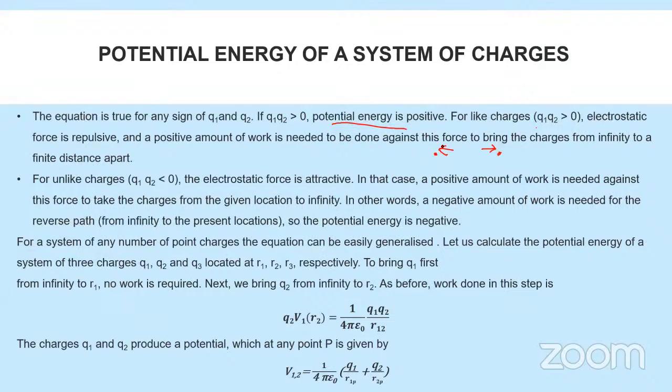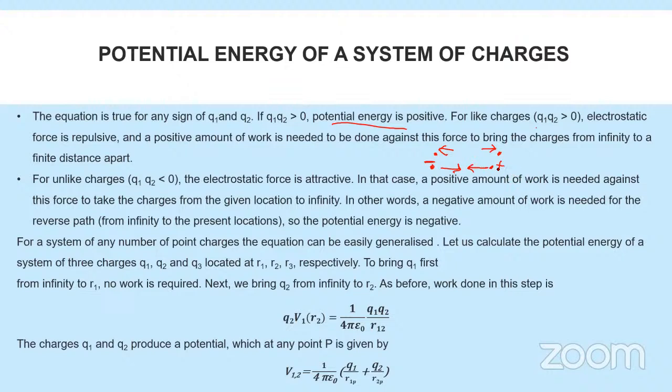So if we want to take these charges away from each other, because they are attracting each other, suppose we consider a situation where this is minus and this is plus. These are attracting.